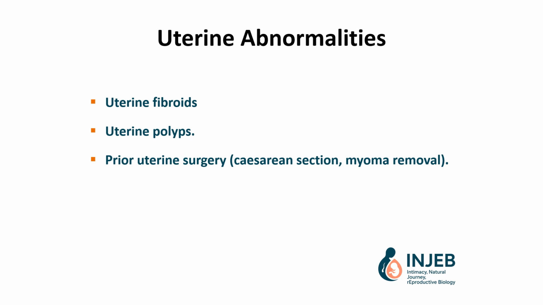Another cause of uterine abnormalities is prior uterine surgery. In this case, we need to point out that cesarean section, the way of delivering the baby from the uterus through a pelvic incision in the belly of the mother, is an important cause of uterine abnormalities and can lead to infertility, same as any surgery to remove other uterine abnormalities, such as myomal removal.